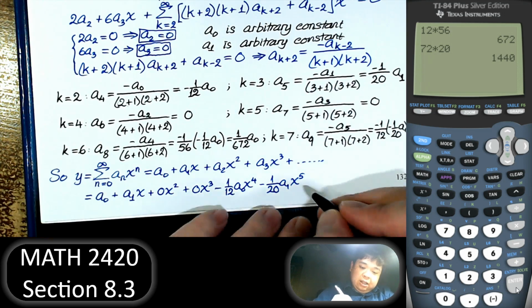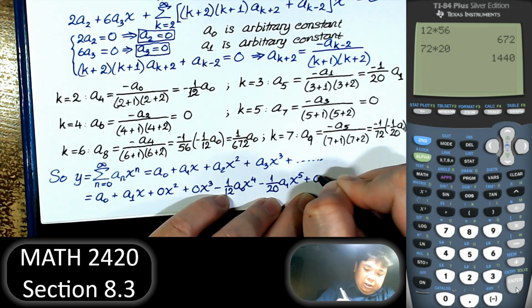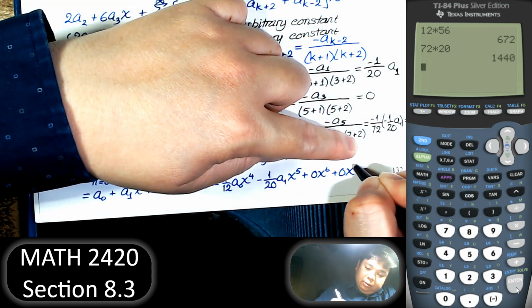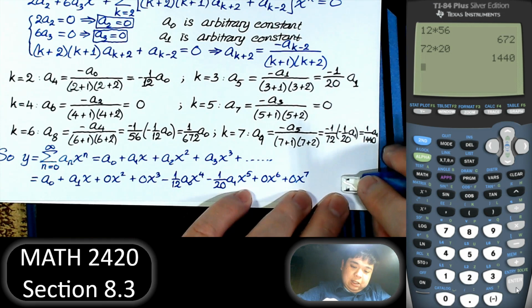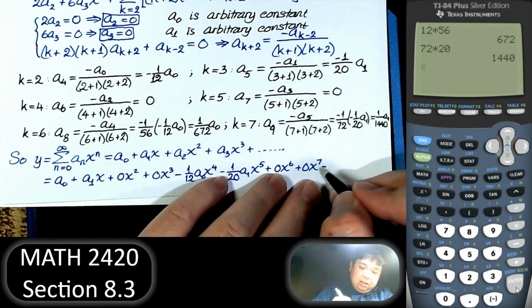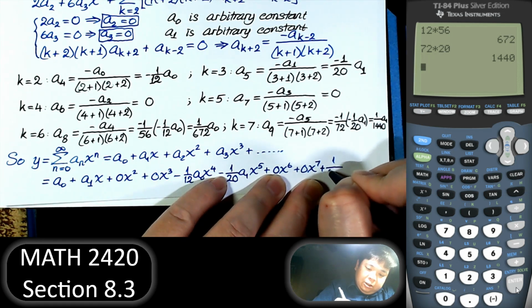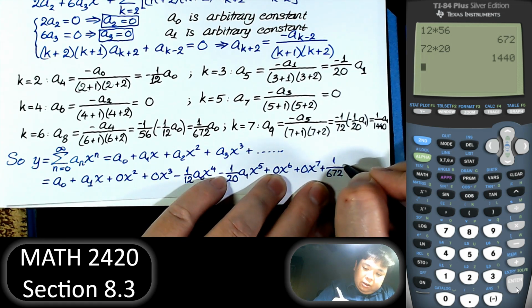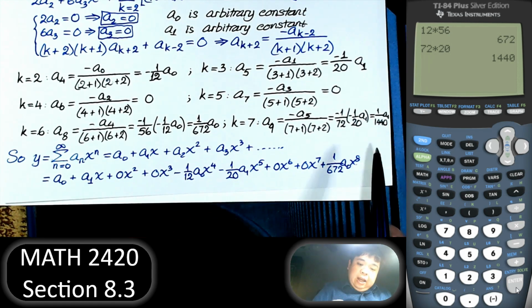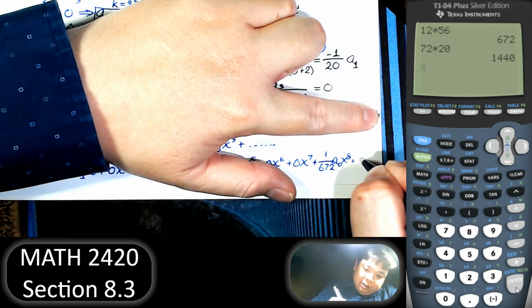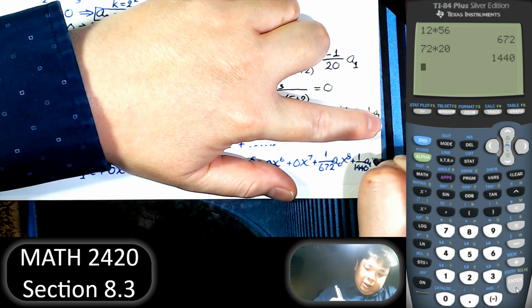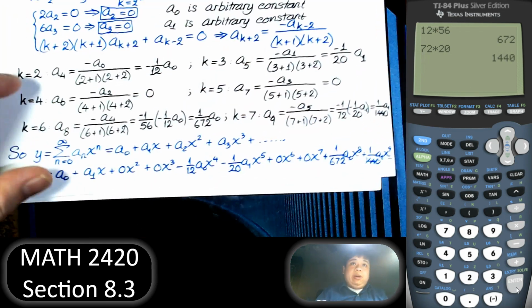A6, 7, 8 and 9. X to the 9, and then that keeps going.